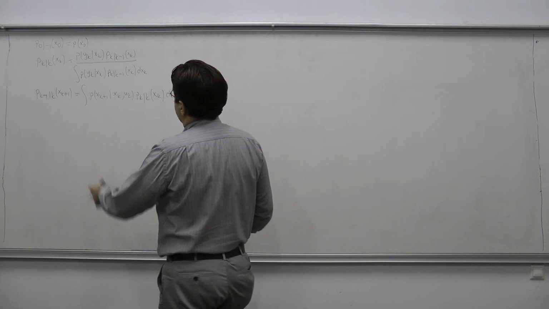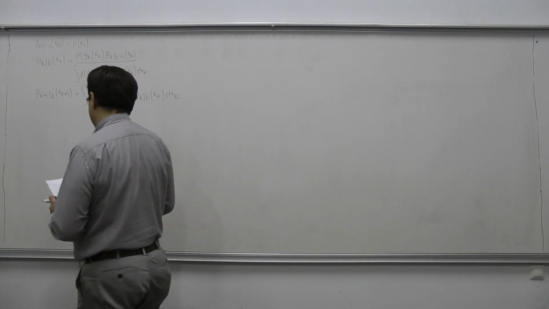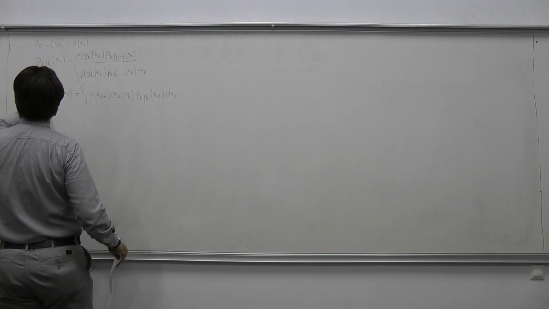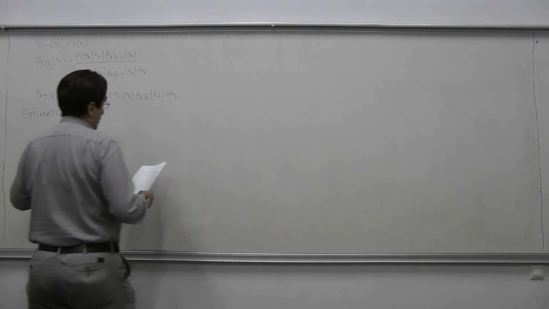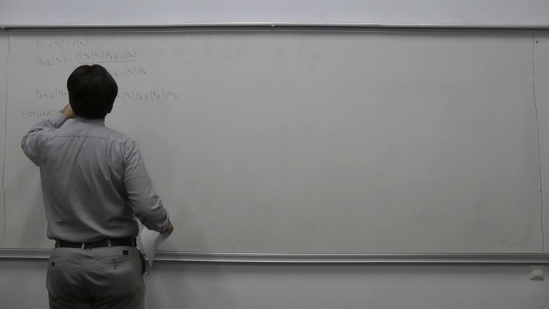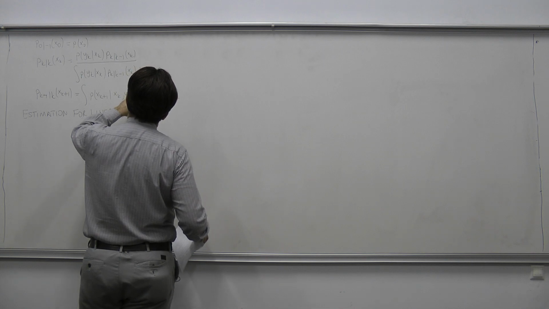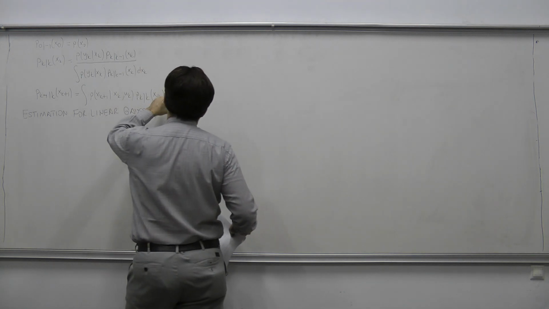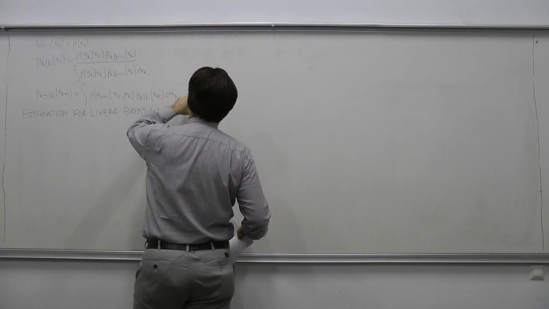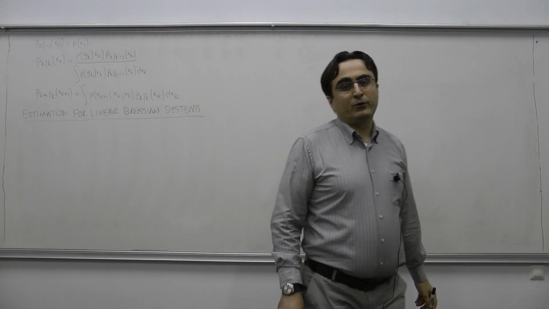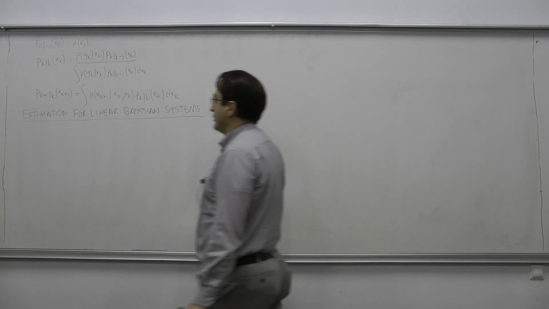So now let us try to apply these into linear Gaussian systems. So, estimation for linear Gaussian systems. In this case, I will start first by writing the system equations.